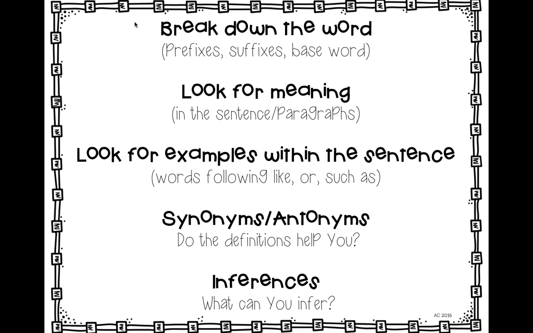Looking for examples within the sentence: are there words like, or, such as, and something following that will explain what the word actually means? Synonyms and antonyms are probably the easiest thing for kids to actually use, and then they figure out if that definition helps them understand what the word is. And the last one is inferences. Sometimes you can try all these different things and none of them work. So instead, what are you inferring from those words? How can you figure out what it means?